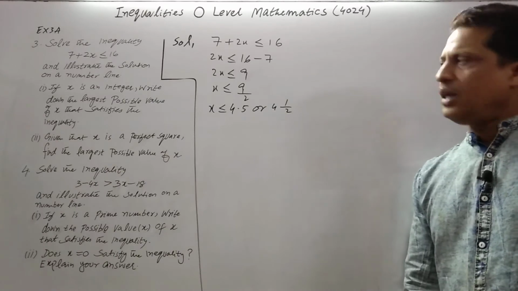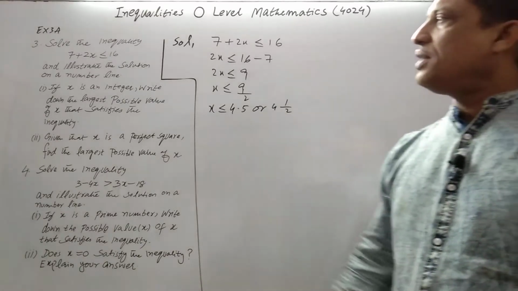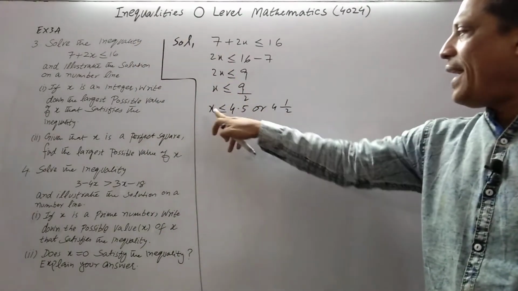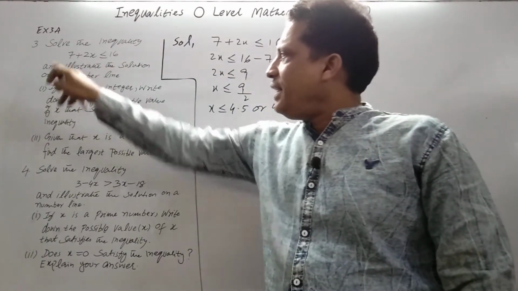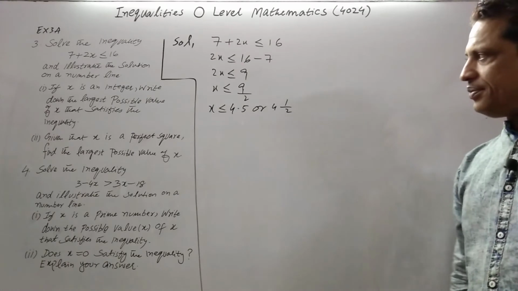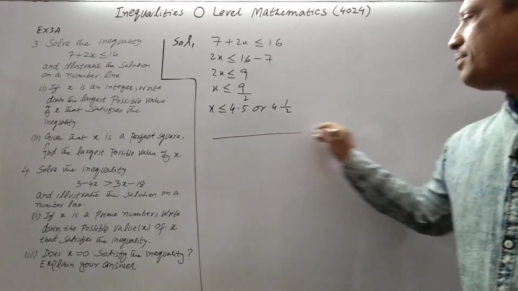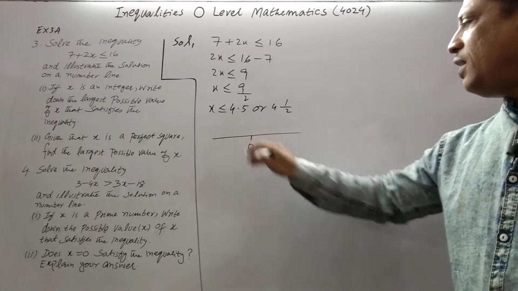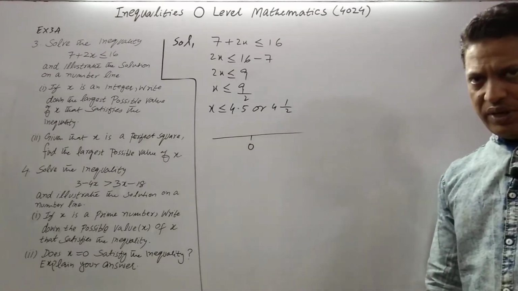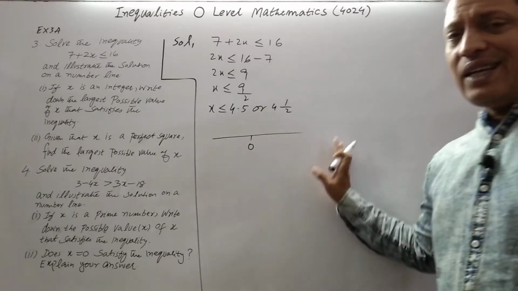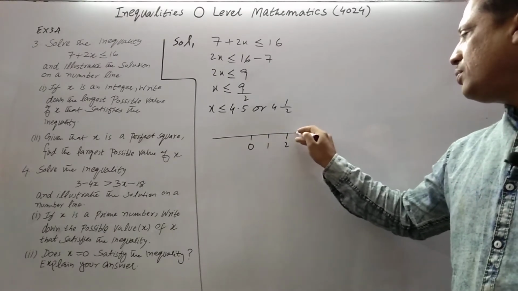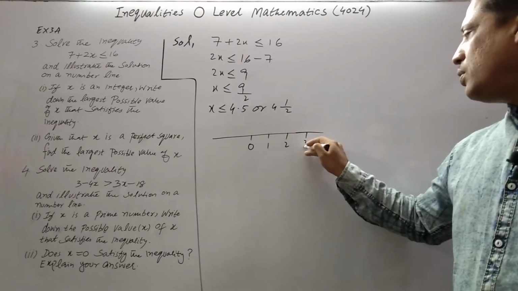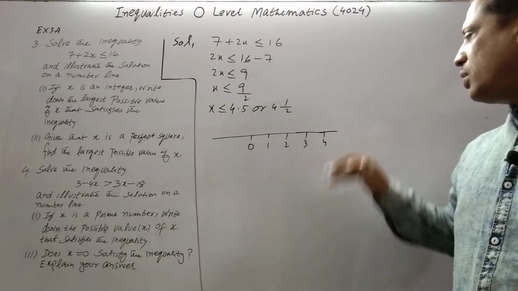Answer is acceptable. The second part is, we have solved x is less than or equal to 4.5, and now illustrate the solution on a number line. Very easy number line. The middle point of the straight line is 0 in a number line. The right side numbers are positive numbers like 1, 2, 3, 4.